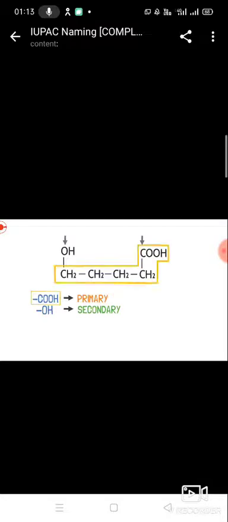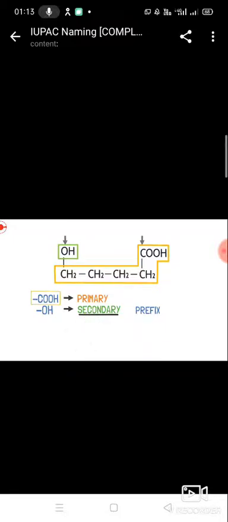Here two groups are there, carboxylic acid and alcohol. So which should come first? Carboxylic acid as the main group. So there is a primary suffix and there is a secondary suffix. What is the name of the compound? COOH is the primary, so we have to count this long chain from this. First carbon, so 5 carbon atoms are there in a straight line, so pentanoic.